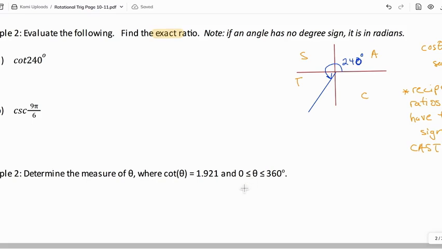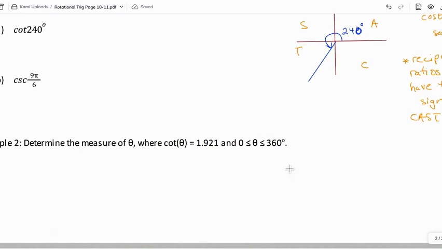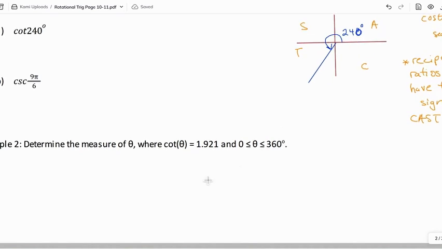Okay, so I have to do a few extra steps of thinking. This question is asking me about cotangent. What is the reciprocal primary ratio of cotangent? Tangent. And if I am in the third quadrant, what will tangent be? Tangent will be positive.